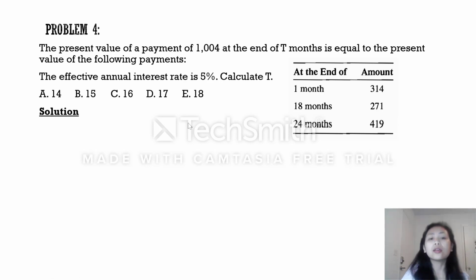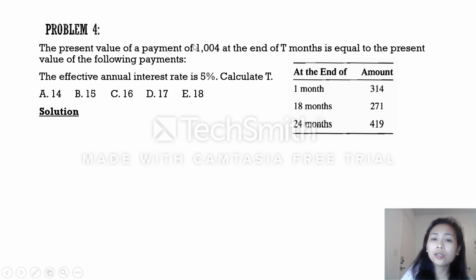So solution. We have 3 payments scheduled at time 1, 18, and 24 months, and we want to combine them into only one single payment of $1,004 at time t. So we are going to use present value as the comparison amount, that is, comparison date time 0.